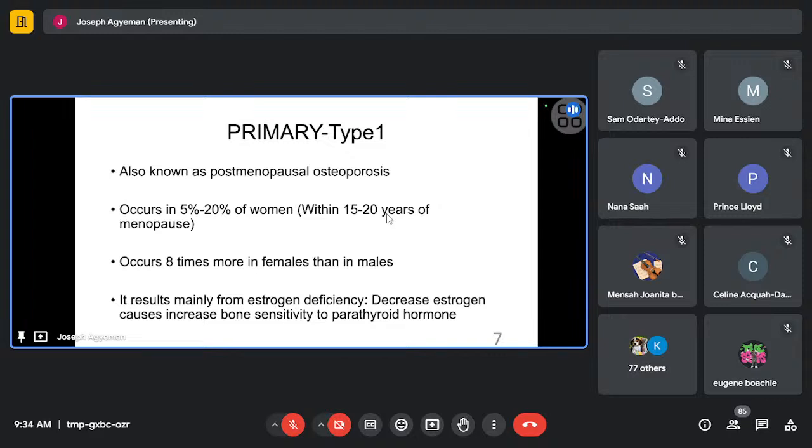And therefore, it's not surprising that the risk women have for getting osteoporosis is about 8 times that of men. So the primary type 1 is also called postmenopausal osteoporosis. Women are at an increased risk, about 8 times, of getting this type of osteoporosis as compared to their male counterpart.